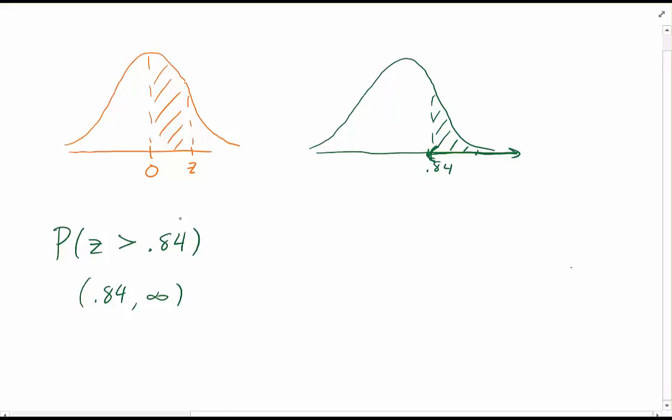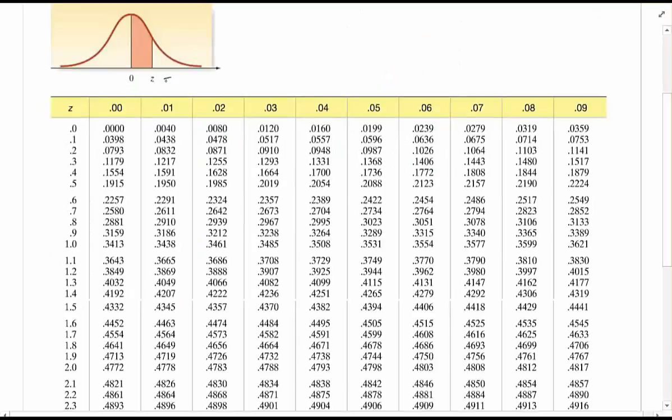The standard normal table is what I've got to use to calculate any of these areas. So I'm going to be looking up z equal to 0.84. Again, remember that the standard normal table will give us the area under the curve from the center out to z. That's not what we want, but we can use it to get what we want. So let z equal 0.84.